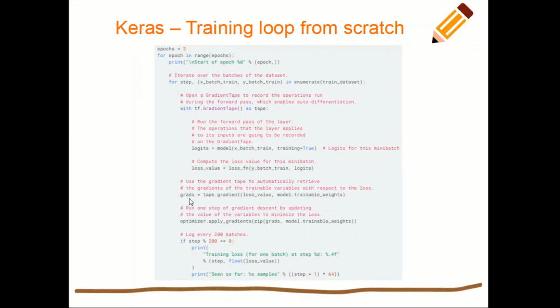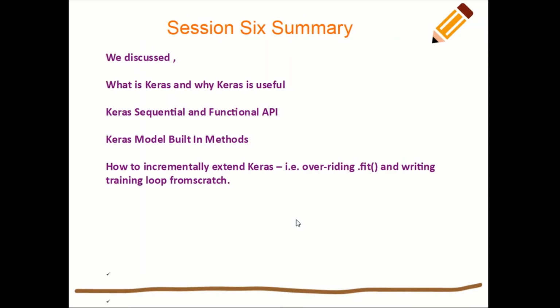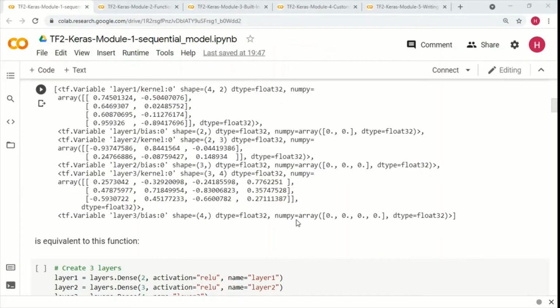Then we calculate the gradients using the tape.gradient method, and we apply those calculated gradients using optimizer.apply_gradients. Then we can log some metrics as well, right? Before we discuss the summary of this particular session, let's go to the notebooks and see how this whole thing looks in practice.